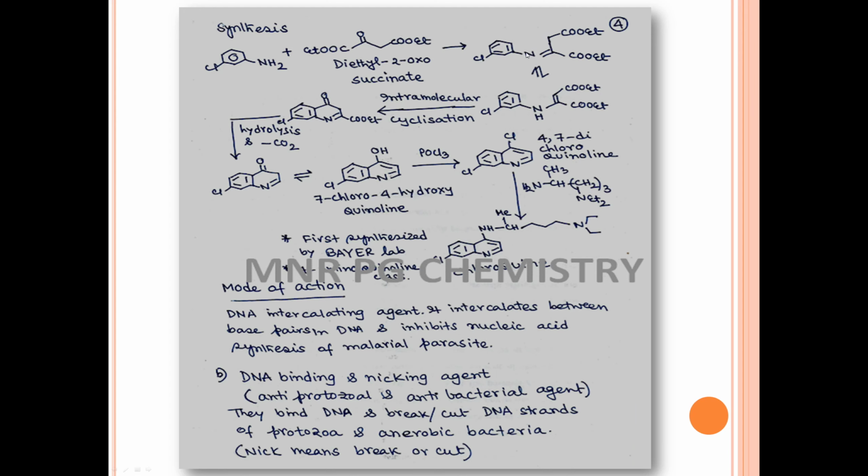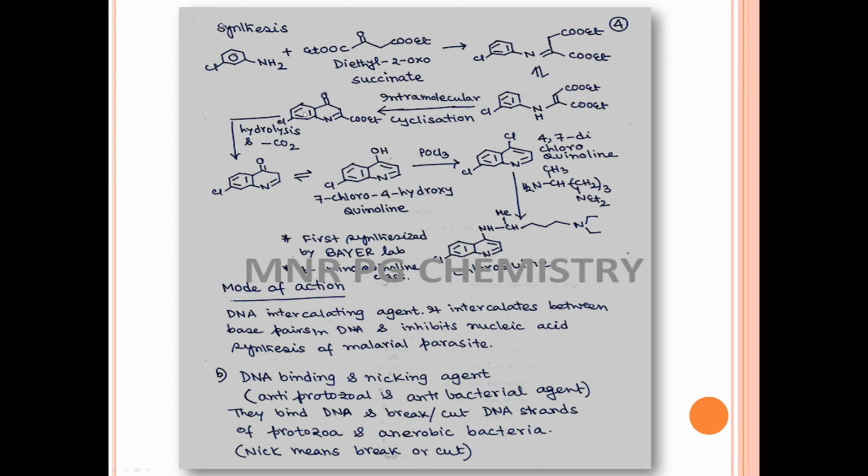It undergoes tautomerization, so the imine gets converted into the enamine. Now this enamine undergoes intramolecular cyclization, like a Friedel-Crafts acylation, so this ester group will undergo intramolecular ring closure.